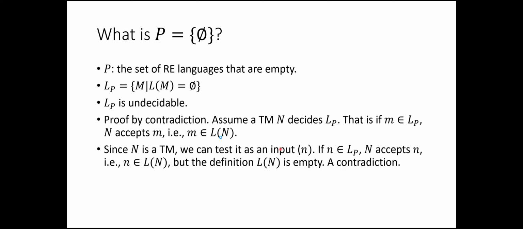We show the contradiction here simply because of the wrong assumption that there exists a TM N. So N does not exist. If N does not exist, then the assumption that N decides L_P is impossible.